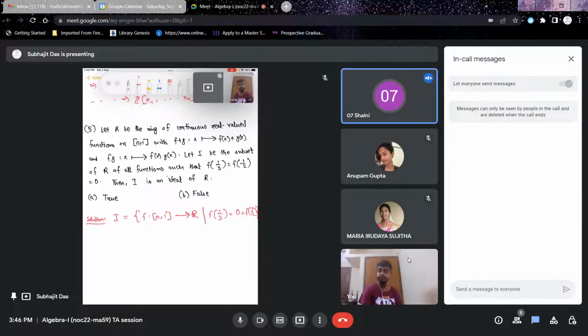Okay. I have taken some f from C[0,1] and some g from this I and computed the value of f of g at 1/3. No, no, this will not work. By the way, there's some problem here.